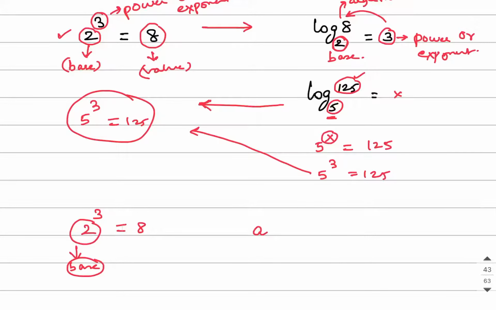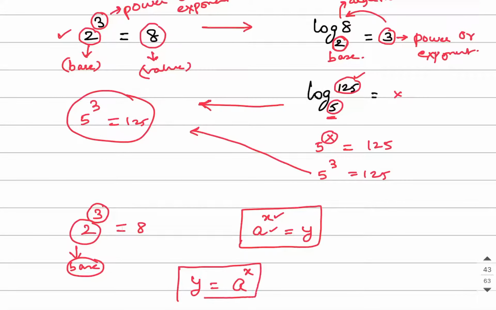It need not be 2 always, it can be 3, 5, or anything. If I call that base a and change the exponent to some variable x, and this is equal to y, the meaning is that whatever base you take and whatever power it is raised to gives you an output value y. So if you are able to write y is equal to some base raised to the power x, then this is called an exponential function.